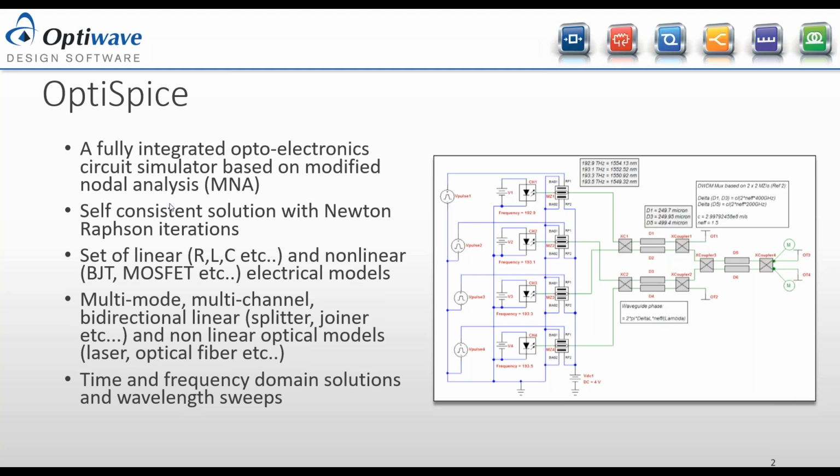So optical signals are modeled in a certain way in OptiSPICE to make sure that the simulation runs fast. The optical signal is modeled as a magnitude and a phase, or in Cartesian, real and imaginary number. It has a particular mode and a particular frequency.